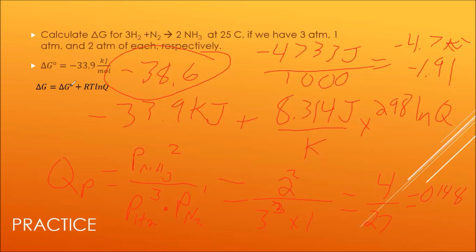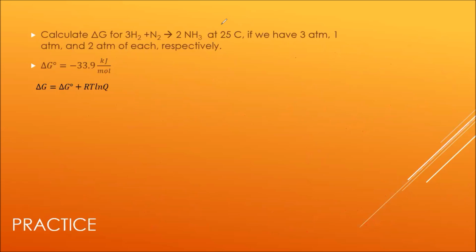So as Q approaches zero, essentially this is going to be infinitely spontaneous. But of course, the second we start to form any ammonia, it's going to slowly drop off. So it's just a process.